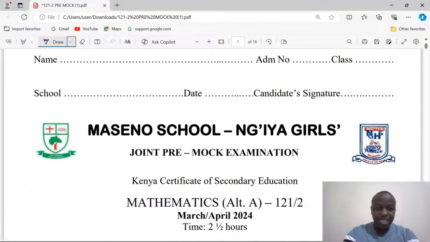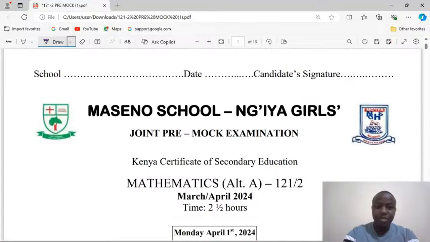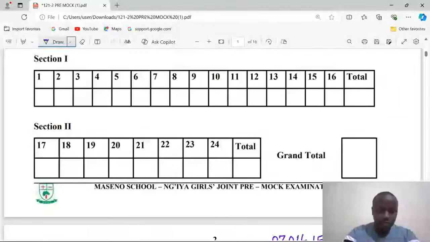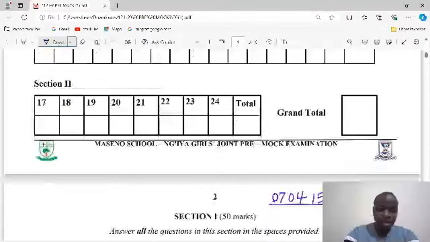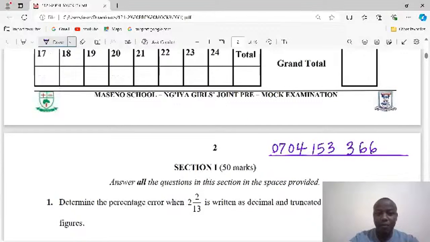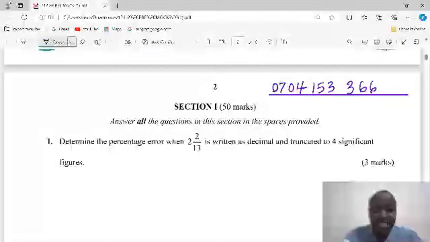Mathematics paper 2 is basically Form 3 and 4 work, and that is what we are going to revise tonight. So this is a mock paper which has been done by one of the serious schools around, and I hope you are going to benefit this night.